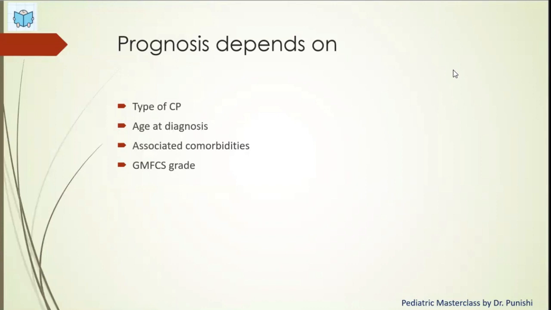Okay, so type of CP, age at diagnosis: the earlier the patient is diagnosed, the more severe the involvement, the poorer the prognosis. The more the associated comorbidities, obviously convulsions, developmental delay, feeding difficulties, contractures, seizures, etc. And the higher the grade of GMFCS, that means more motor involvement, the prognosis becomes poorer. So prognosis depends predominantly on these features and findings on your history and examination.